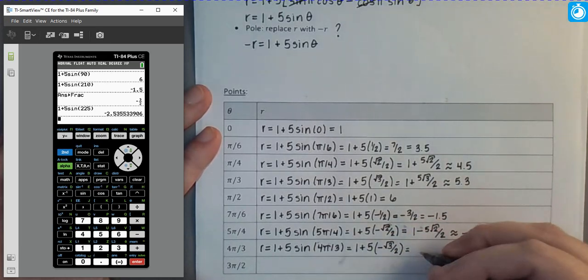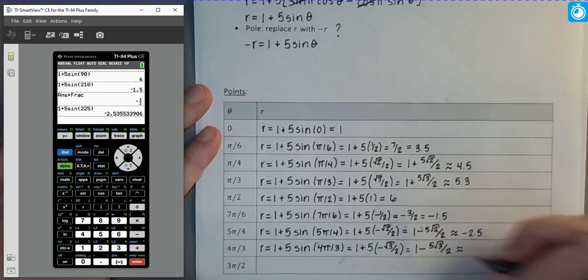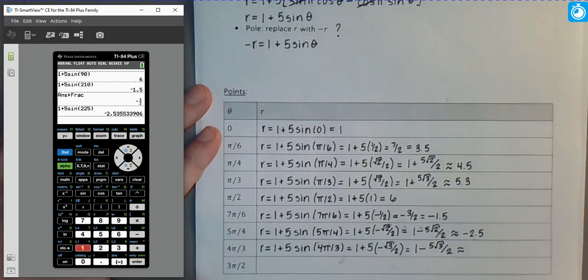If I simplify that and keep it exact, 1 minus 5 root 3 over 2. And if I want an approximation, we have 1 plus 5 times the sine of 4 pi over 3 radians, otherwise known as 240 degrees, and we're at about negative 3.3.